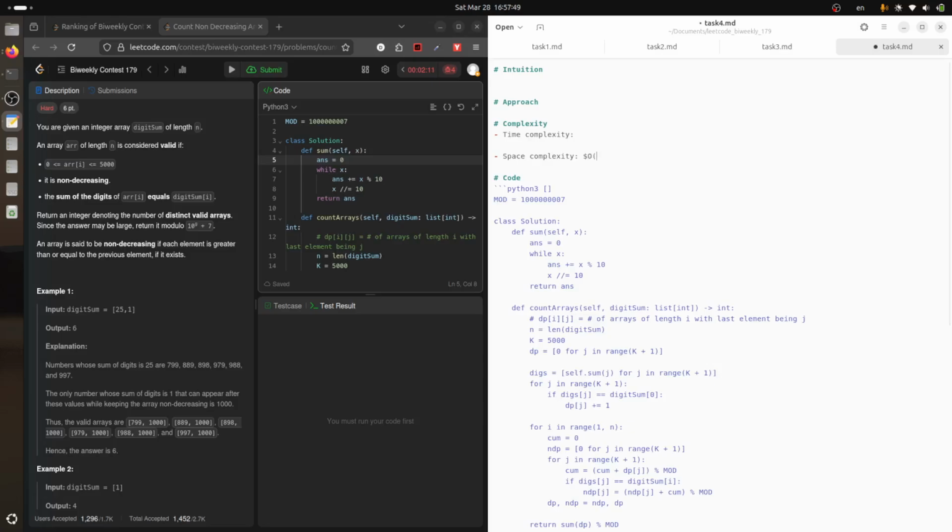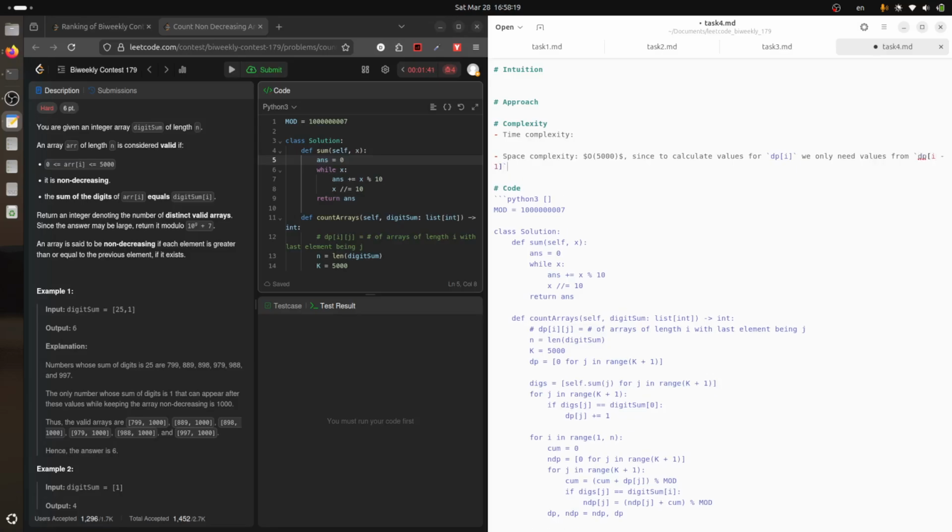I'm immediately going to write out the memory, since to calculate dp[i] we only need values from dp[i-1].